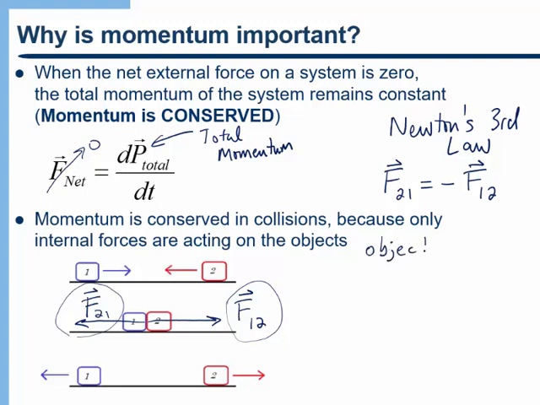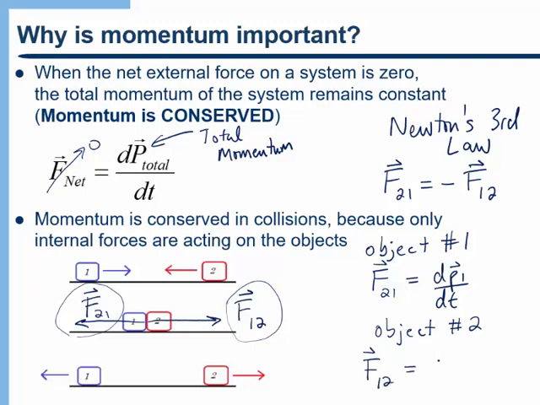If we look at what's going on for object 1, the force that's exerted on object 1 is F21, and that's got to be equal to the rate of change of object 1's momentum. For object 2, we know that F12 has to be equal to the rate of change of object 2's momentum.